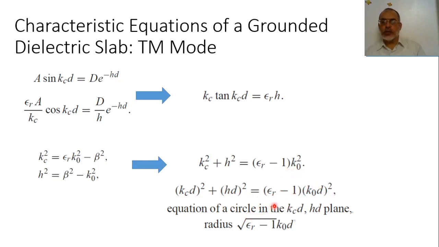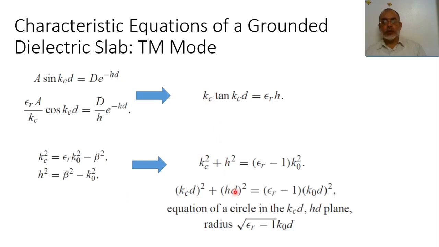So this equation is the equation of a circle in the Kcd hd plane with a radius equal to the square root of epsilon r minus 1 times K naught d. So now we have two relations, one coming from the boundary conditions and the other coming from the Helmholtz wave equation.